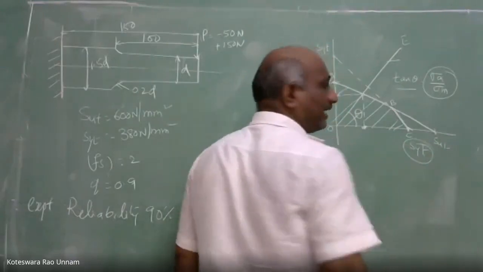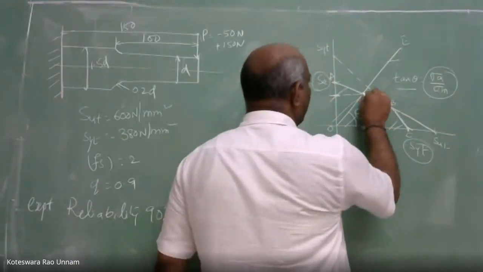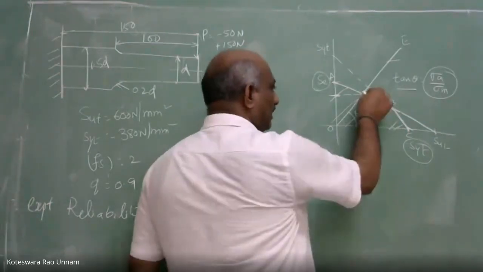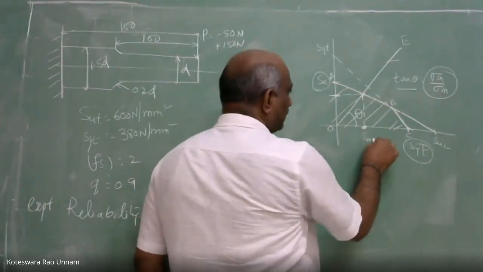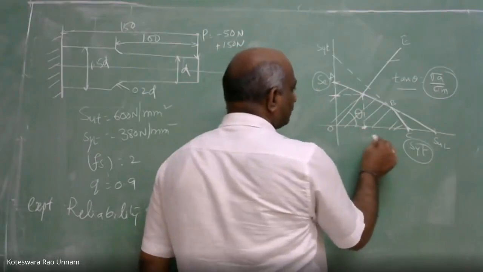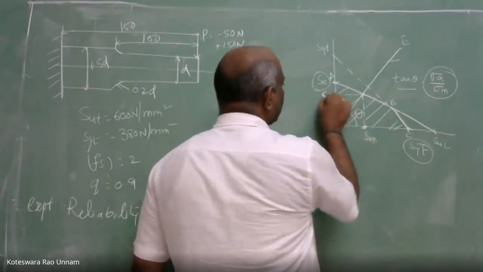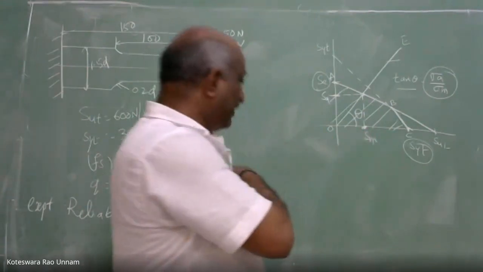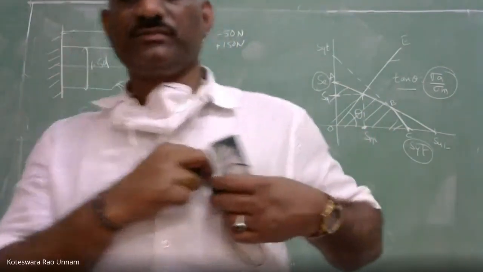SYT is already given. Then we need to identify this design point and the corresponding values of SM or sigma M, because it is strength. We'll take this one as SA and this one as SM. You need to identify what these values are also.